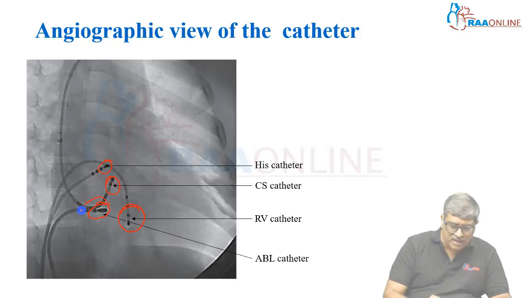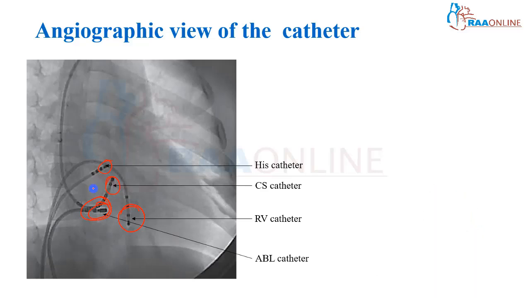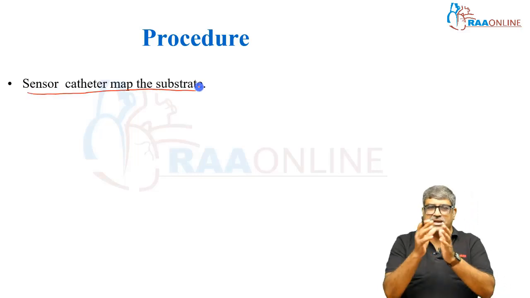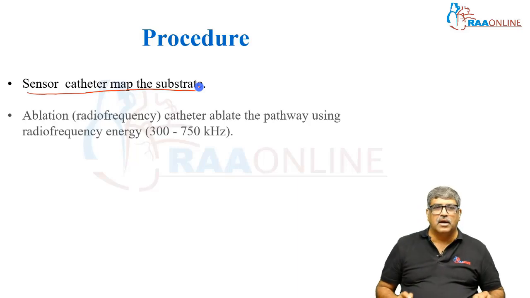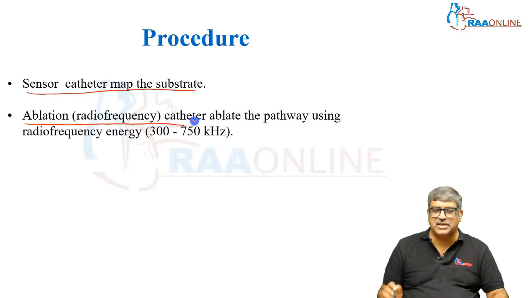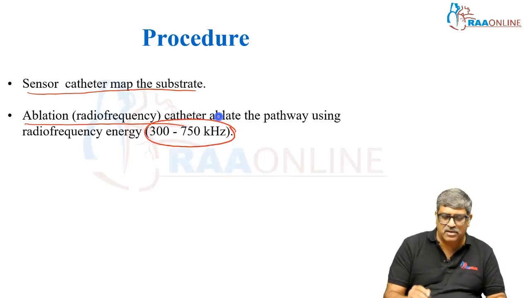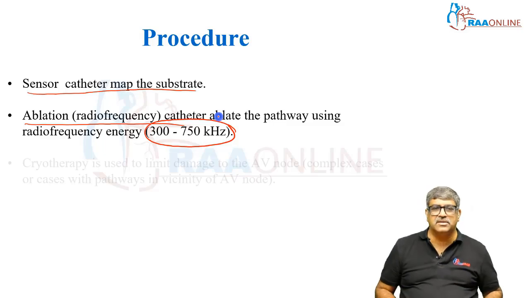You can see the ablation catheter which can be used to ablate the aberrant pathway. The sensor catheter maps the conduction system where the pathway comes from, and the radiofrequency ablation catheter ablates the pathway using radiofrequency energy between 300 to 750 kilohertz.